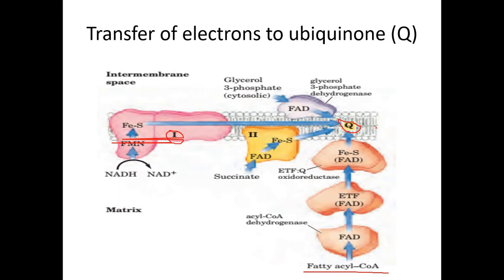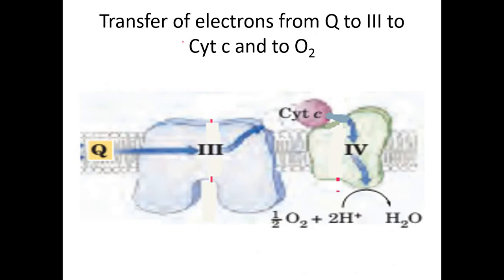Ubiquinone is an insoluble compound present inside the membrane of the mitochondria, the inner membrane. So this part is the inner membrane. Then the next step of the electron transport chain is the transfer of electrons from ubiquinone to cytochrome C, and then to oxygen.